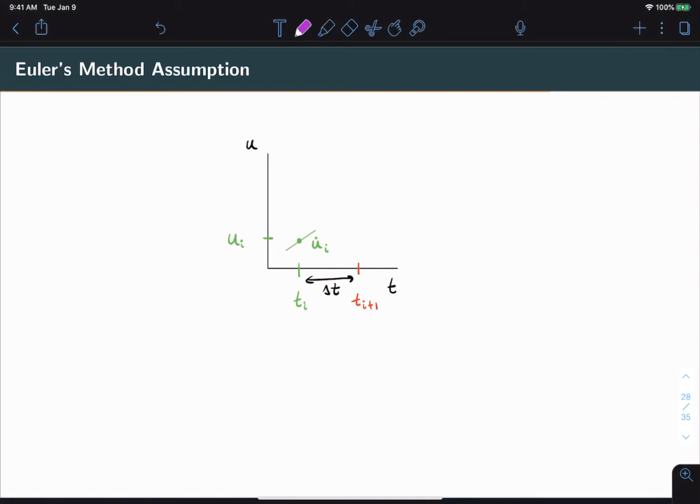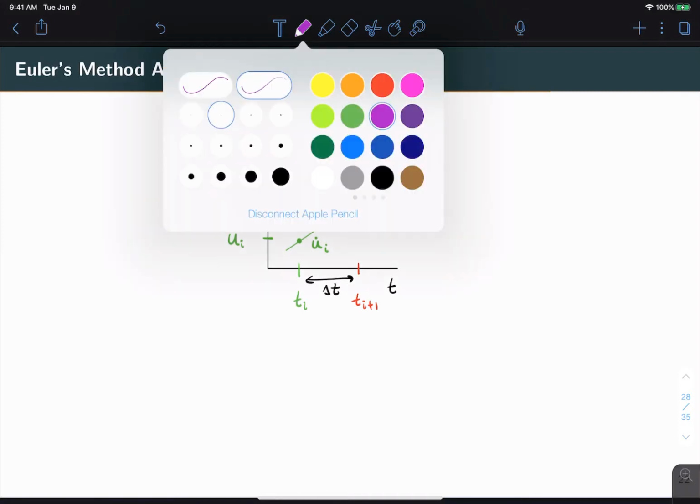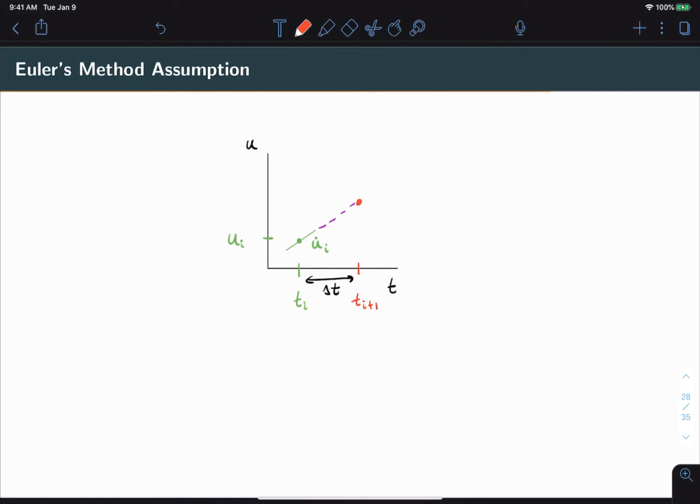Now, the fundamental assumption that Euler's method is going to make is that we can project the velocity over this time interval to get to the subsequent displacement, ui plus 1. And that's basically it. So let's look at how that might look for a basic linear first order differential equation.